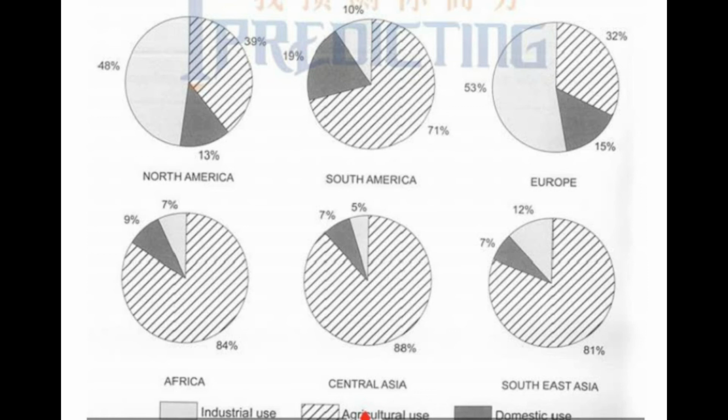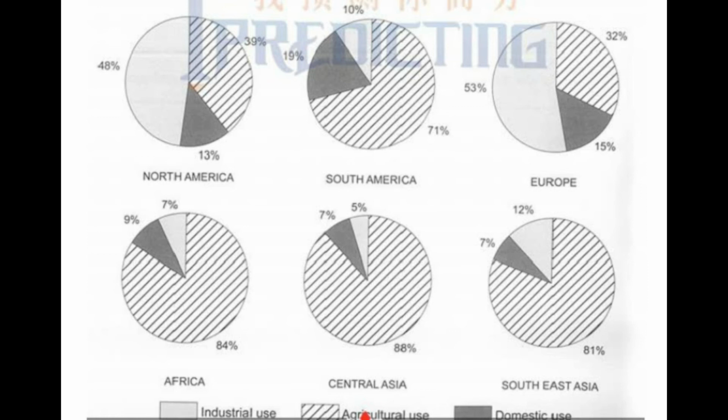So overall, we are going to have 4 paragraphs in this report, okay. The first one, of course, is going to be the introduction paragraph, that is to paraphrase the question statement, and the second paragraph will be an overview paragraph where we need to mention the high levels and low levels of water consumption with the region specifically, okay.